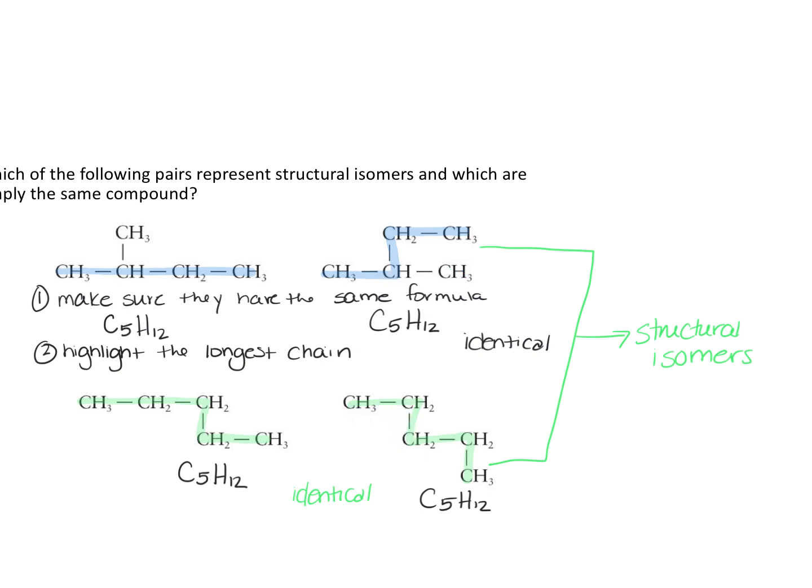Well, here, off the second carbon, there's no CH3 group. So they have the same chemical formula, but they're arranged differently with different connectivity. So those would then be structural isomers. These are just conformers of each other because we're showing there's a little bit different rotation.